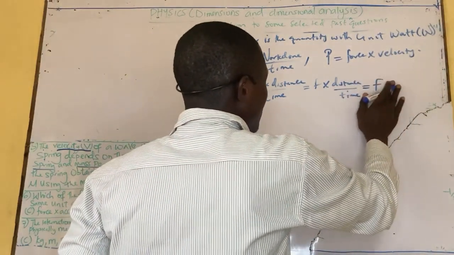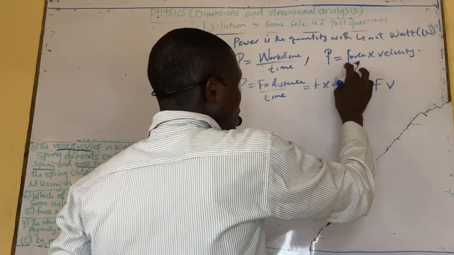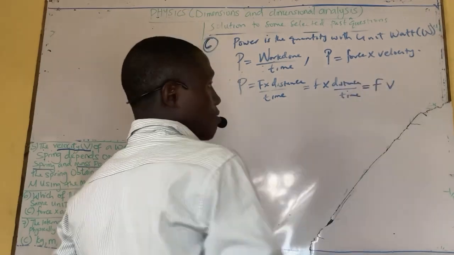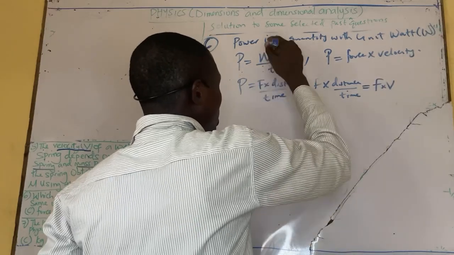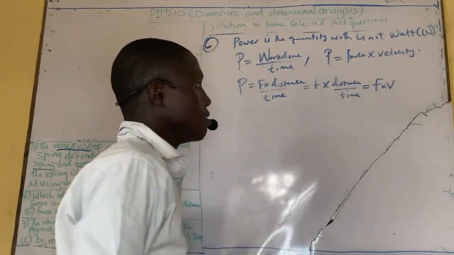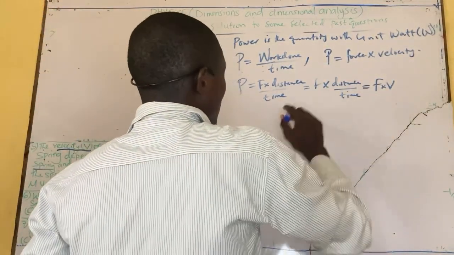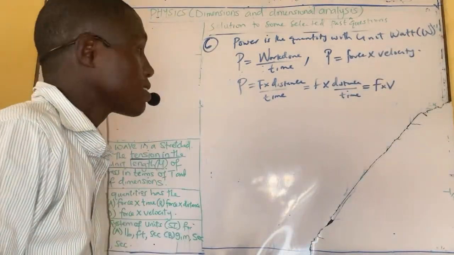That's how we get Fv, because force times distance over time is force times velocity. So the answer here is force times velocity. I hope I've answered your questions.